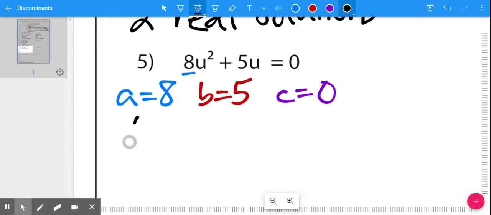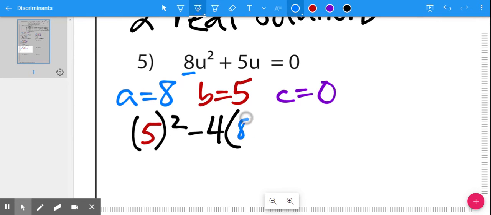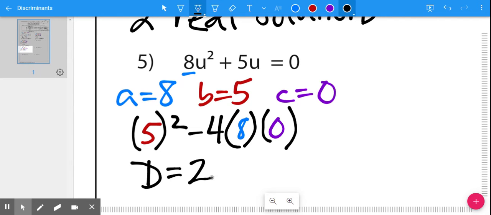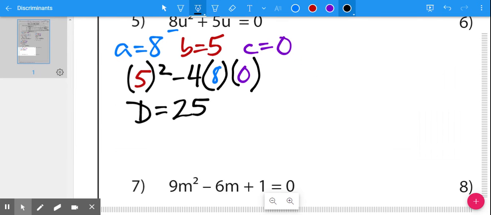So when we plug it into our formula, b squared minus 4ac, we end up with a discriminant that equals 25. Because that's greater than 0, it's going to have two real solutions.